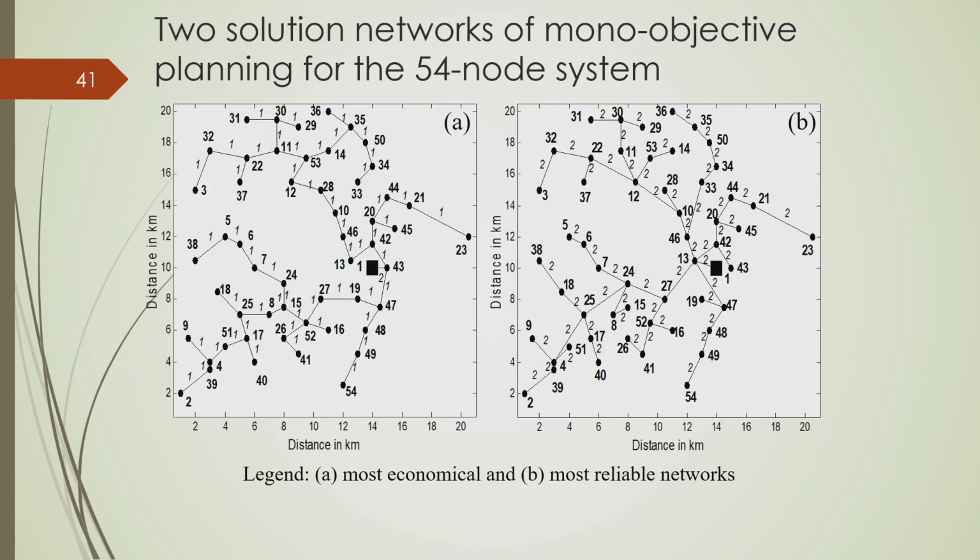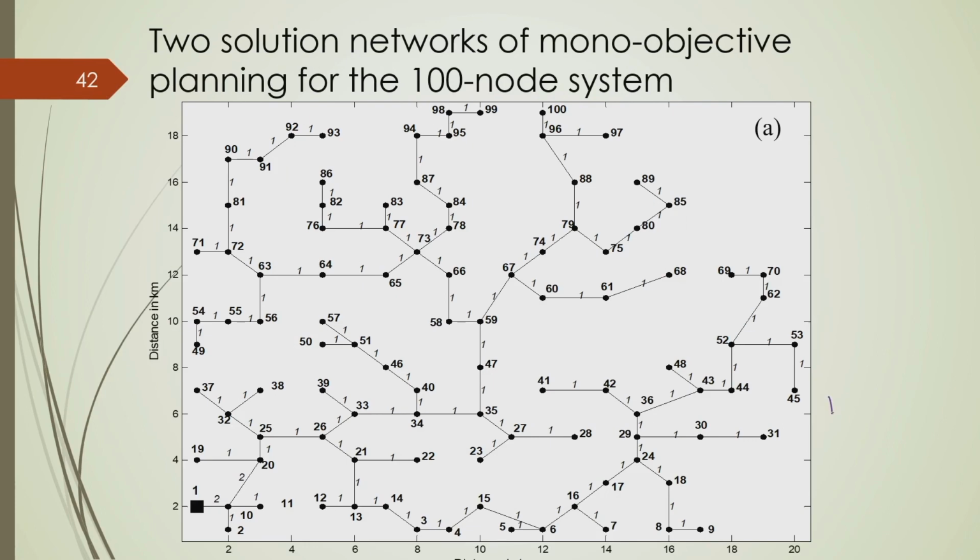Similar things we observe for the 54 node system. This is the most economical network we got by solving problem 1, and the most reliable network we got by solving problem 2. Similar observations can be made as in the previous case. Similarly, this is the most economical network by solving problem 1 for the 100 node system.